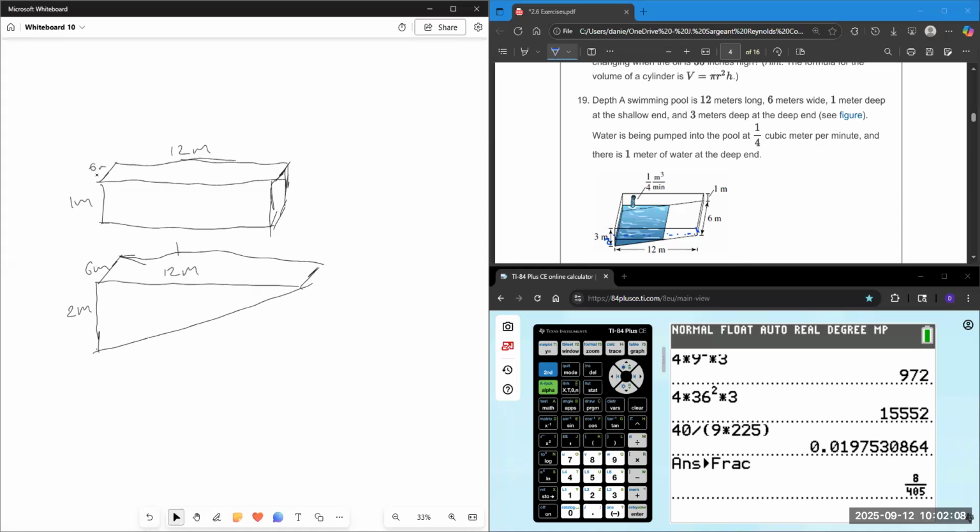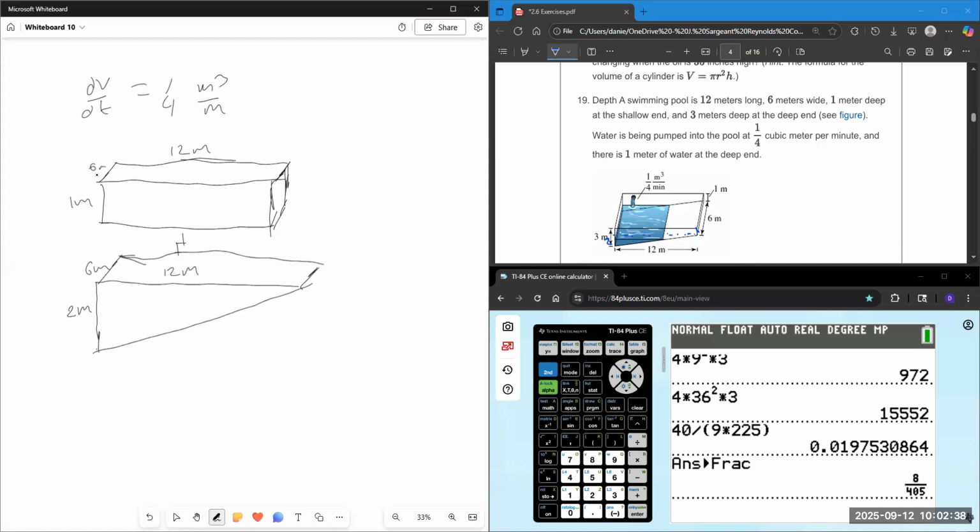I just want you to see the two pieces, that there's a wedge like a doorstop, and there's like a box on top of that, and that we're going to need to find the two volumes of those pieces independently, and we're going to need to add them together in this problem to find the total volume. All right, so dV/dt is given as 1/4 cubic meter per minute.